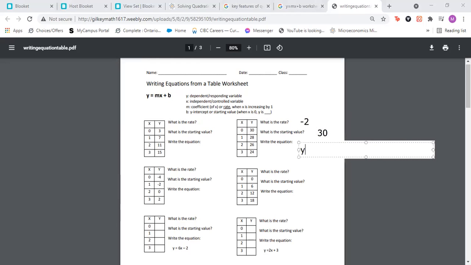Then what's the equation, y equals mx plus b? -2x plus 30. Yeah, -2x plus 30.